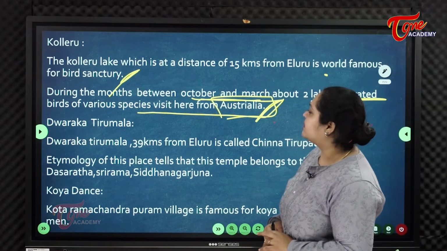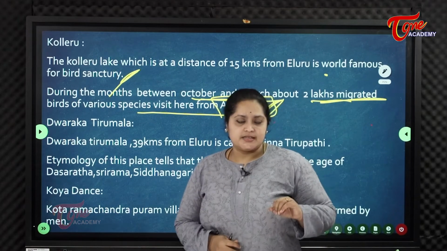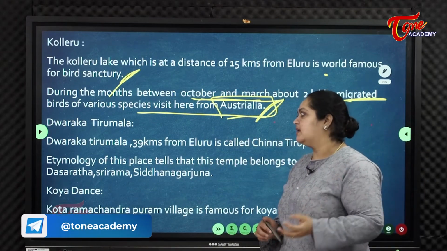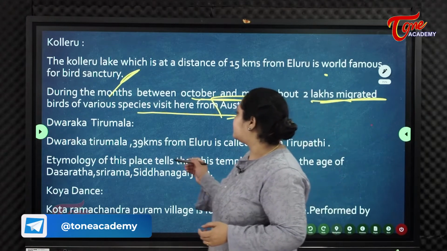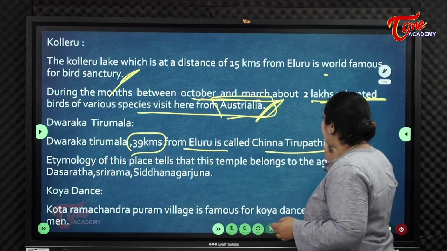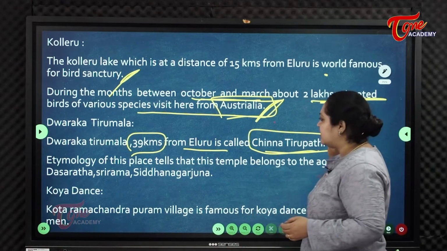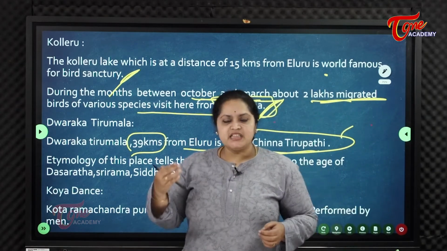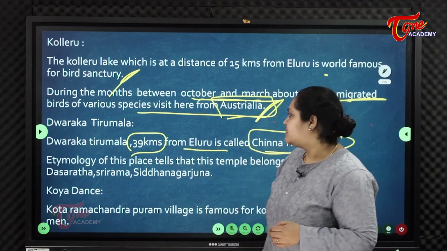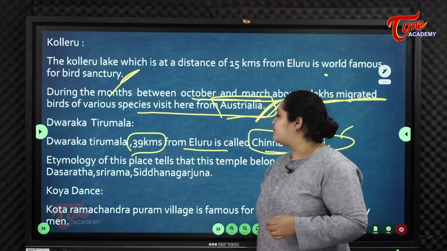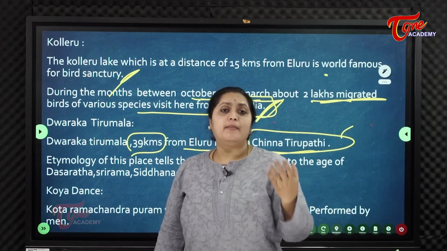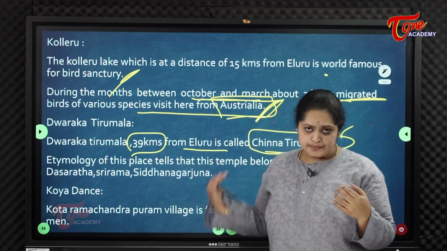Next, Dwarka Tirumala. Another religious or devotional place to visit is Dwarka Tirumala, which is hardly 39 kilometers from Eluru and is also called Chinna Tirupati or Small Tirupati. It is even near to Vijayawada. God Venkateshwara Swami is situated in this place.